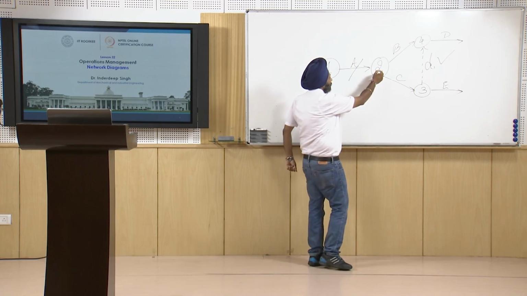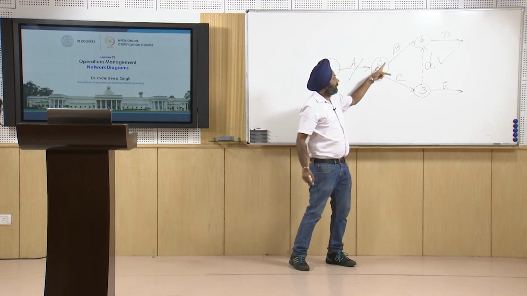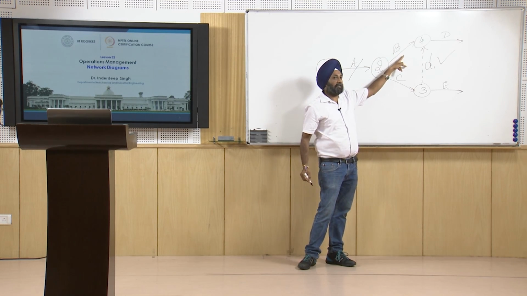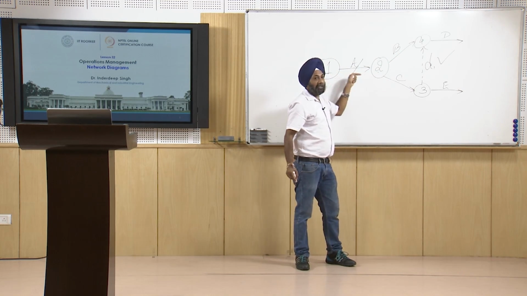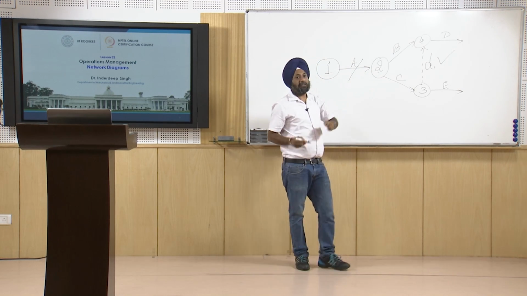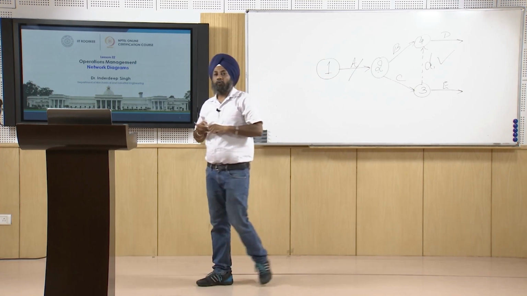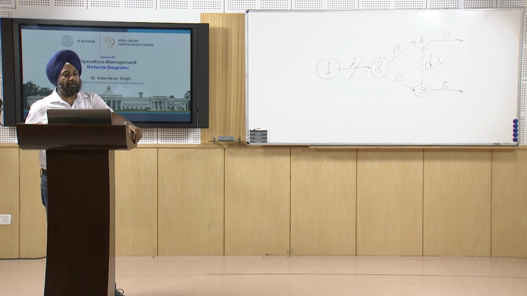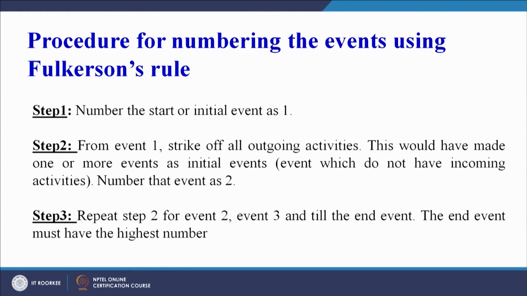We see this is the node in which only arrows are coming out, 2 activities are starting from this event but no arrow entering into it. So we number this as 2. This would have made one or more events as initial events. An event which does not have incoming activities, number that event or node as 2.